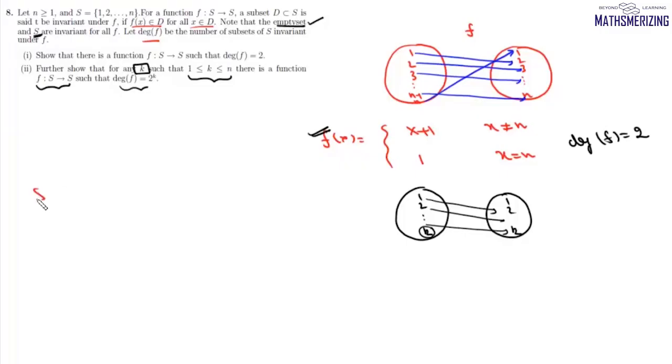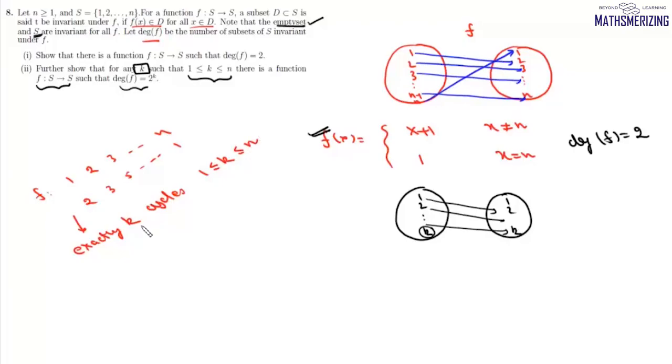So we have this function f which is defined on 1, 2, 3 up to n, and if we consider permutations of these numbers, say 2, 3, 5, 1, then we can define this function in such a way that this function has exactly k cycles, where k lies between 1 and n.